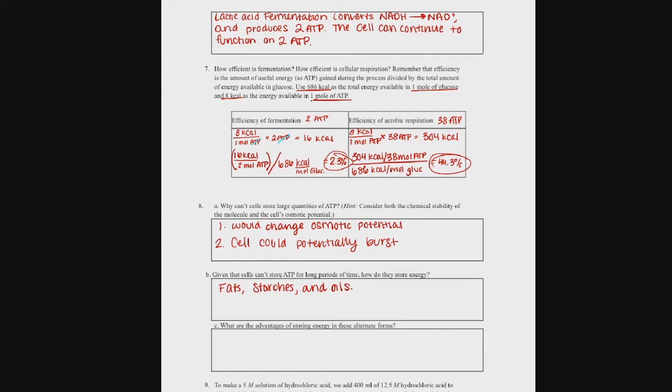And for part C, what are the advantages of storing these alternate forms? So building these larger molecules has a reduced effect on osmotic potential. So we said earlier that ATP is kind of a tricky molecule. We don't want to store too much of it because it would change the potential within a cell. But having larger molecules, it's harder for them to move around. They can't do a bunch. And so that's one positive. And they also are a lot more chemically stable than ATP. Generally, ATP likes to do what it's best at and release energy for things.